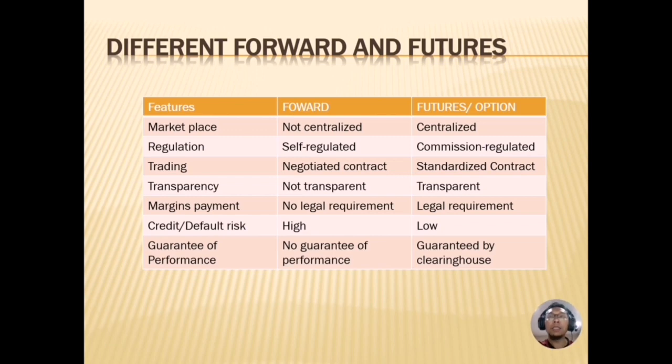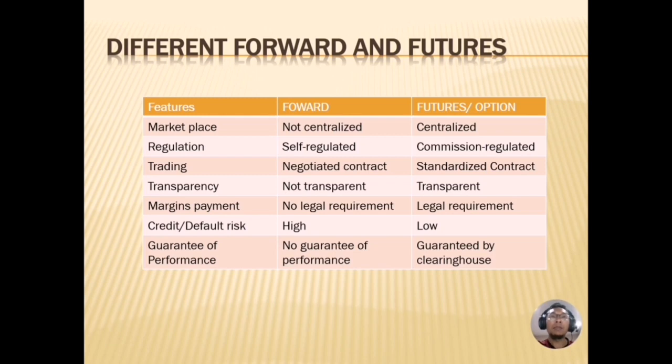But for the futures and option, they are more transparent, because of the clearinghouse intervention. Both parties need to comply with all of the rules and regulation imposed, which is already agreed by both parties.